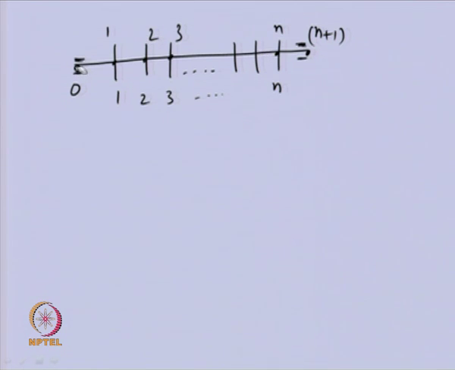Now, let us start with the left side. The field variable corresponding to station 0 is, let us say, S naught, because here there is no disc. So, we are not attaching any left and right of the disc, but we are just saying it is a field variable corresponding to station 0.